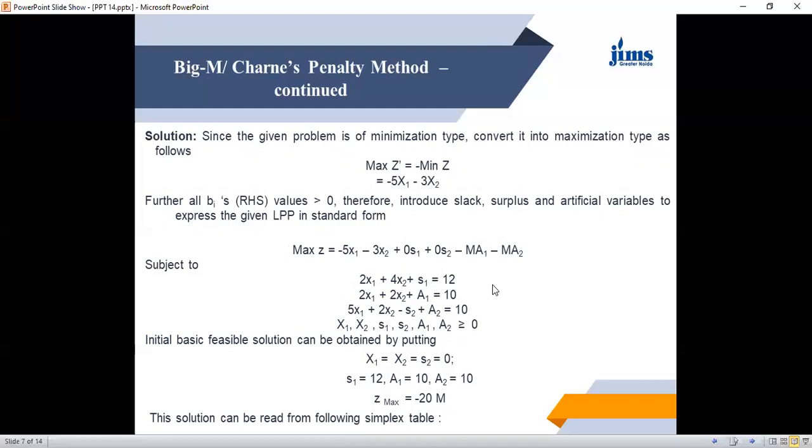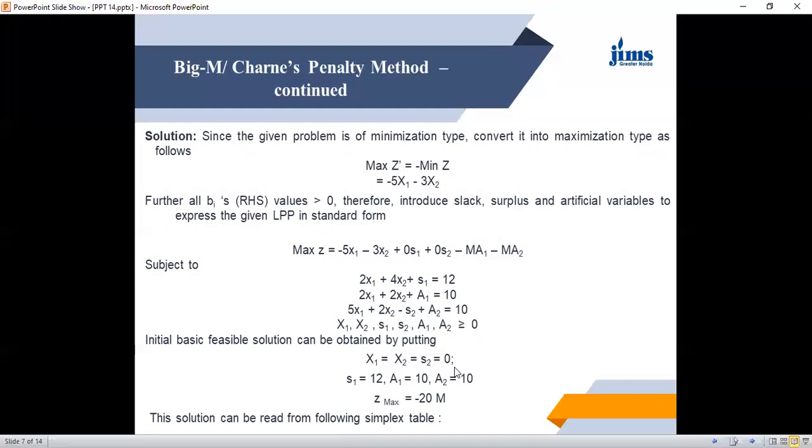M is the coefficient of the artificial variables A1 and A2, which has a very great value. So maximize z prime = -5x1 - 3x2 + 0s1 + 0s2 - MA1 - MA2.